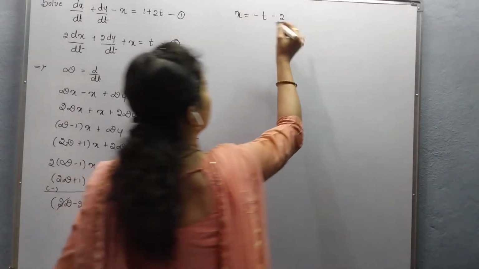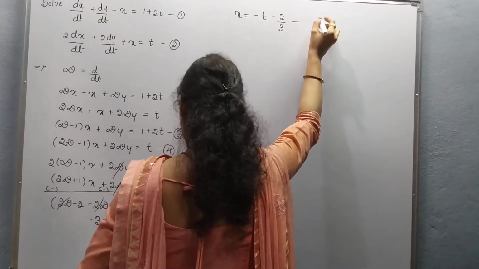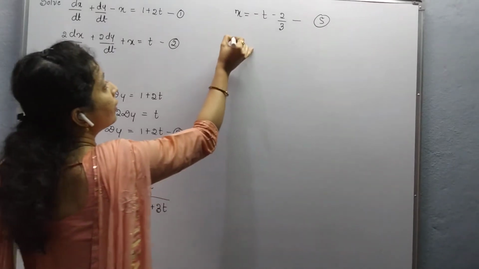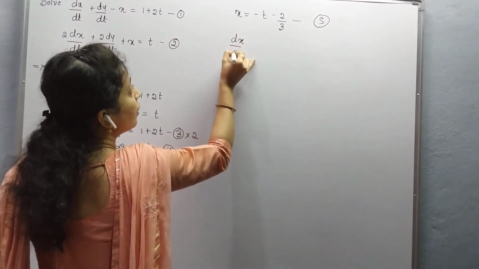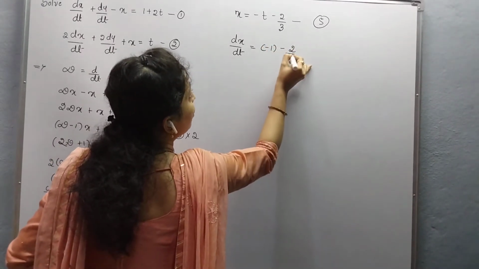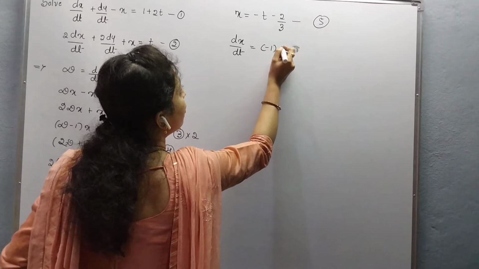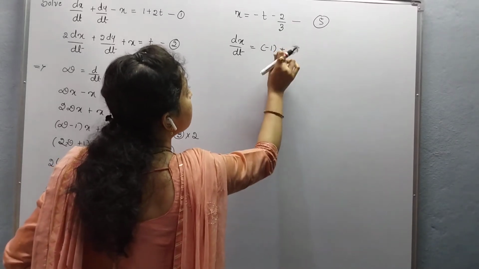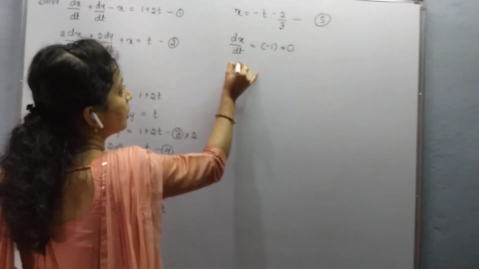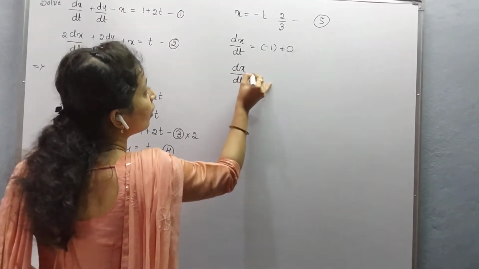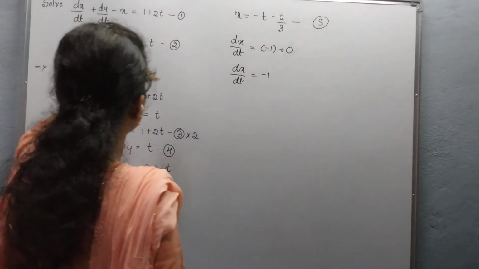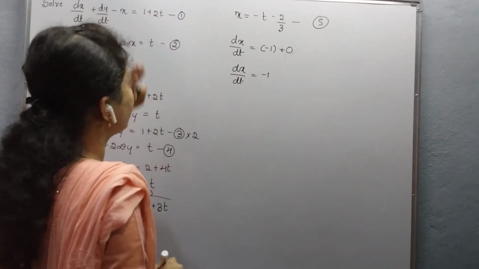So x is equal to minus t minus 2 by 3, call this equation 5, and differentiate this equation with respect to t. Then dx upon dt is equal to minus 1, because the differentiation of a constant term with respect to t is 0. Dx upon dt is nothing but minus 1.